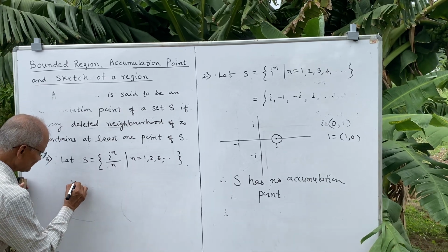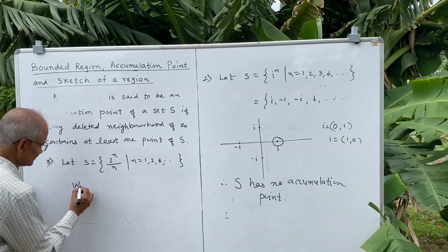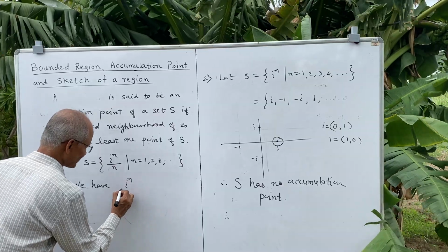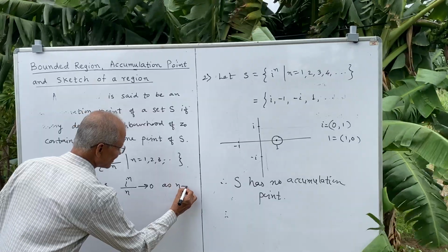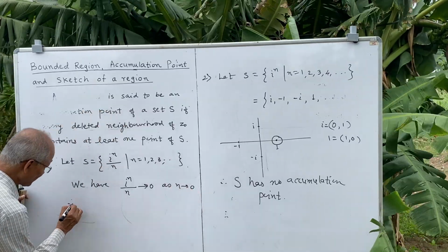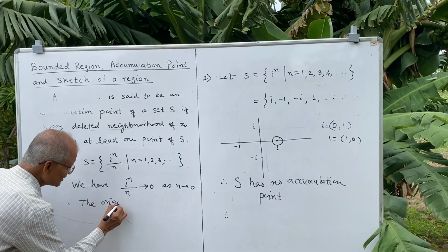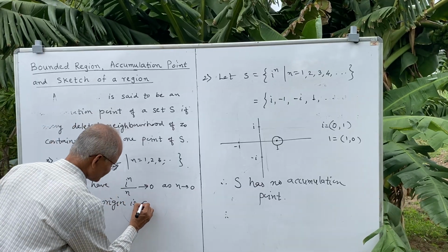So I power n divided by n tends to 0 as n tends to infinity. Therefore the origin is an accumulation point of S.